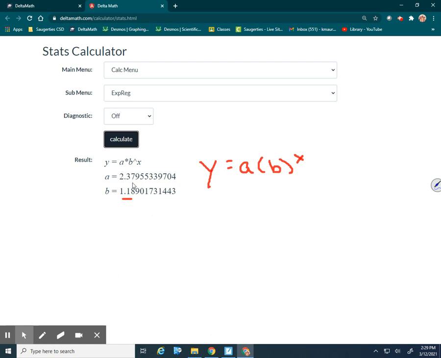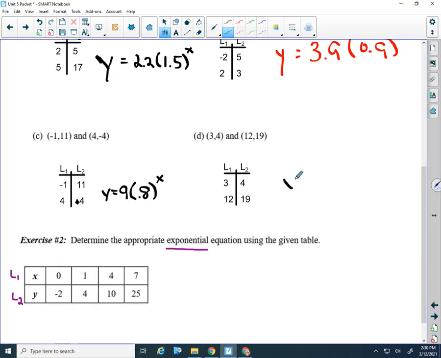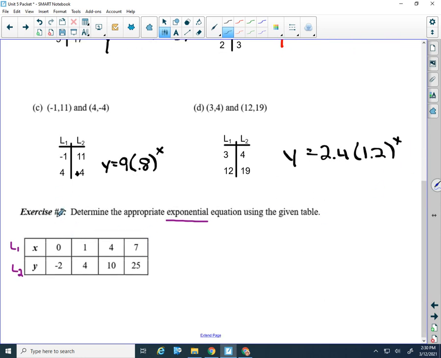Okay. Rounding to 1 decimal place, 2.4 and 1.2. So y equals. And there's our equations.